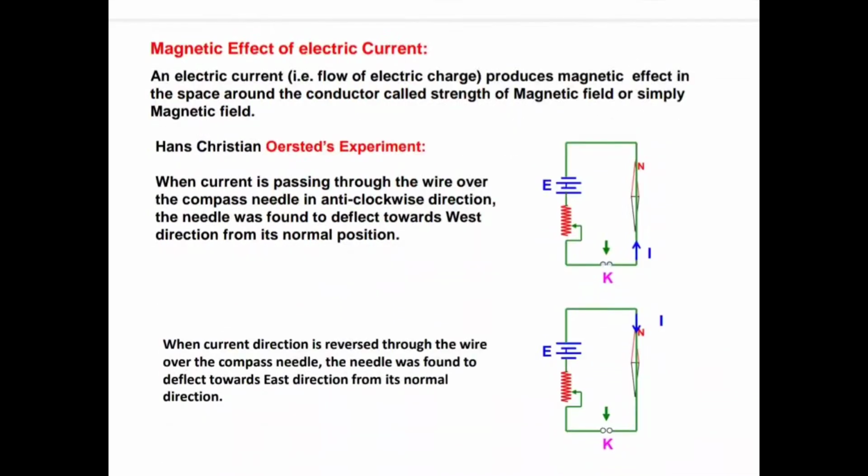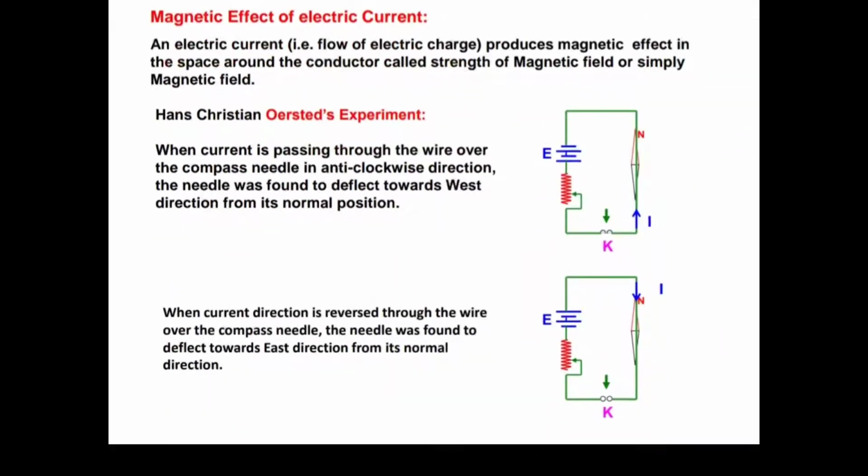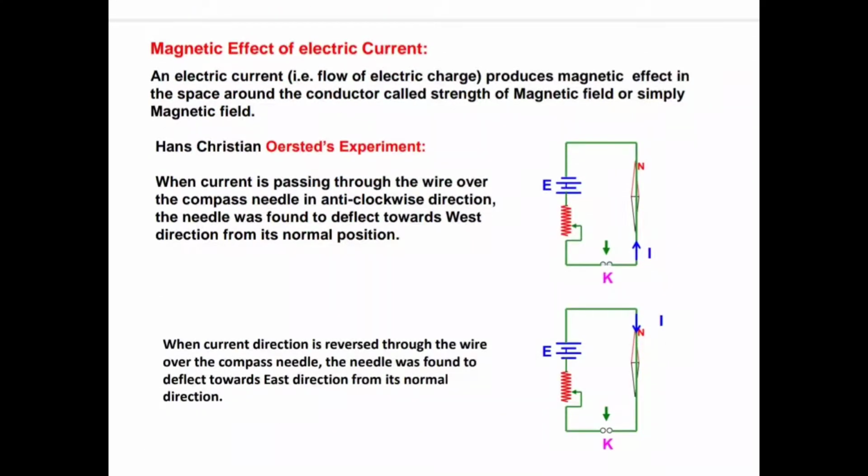The needle of the magnetic compass was found to deflect from its normal position. You can see that it will deflect in this direction.